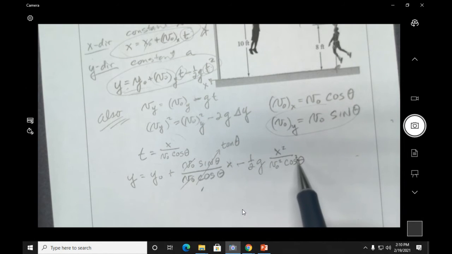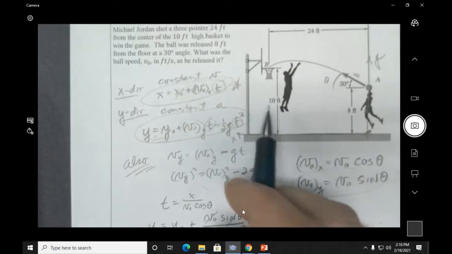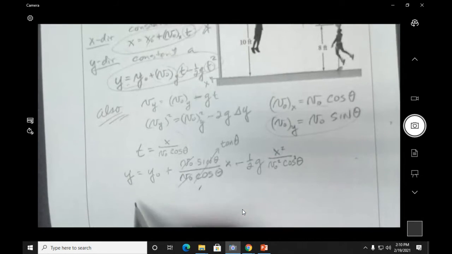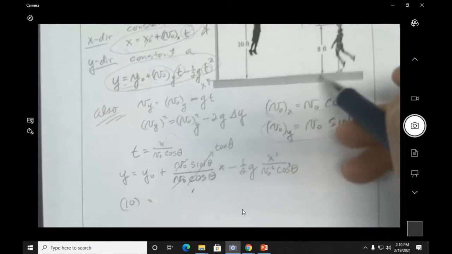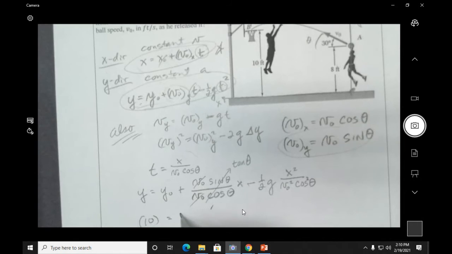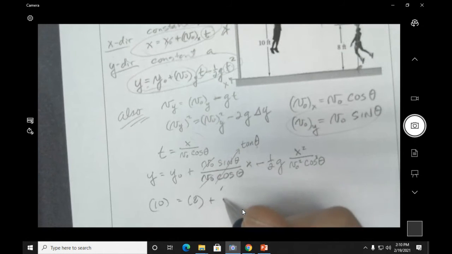So now what I could do is I could plug in the known things, right? So the y at the end is going to be 10 feet. The initial y is 8 feet. The angle is 30 degrees.